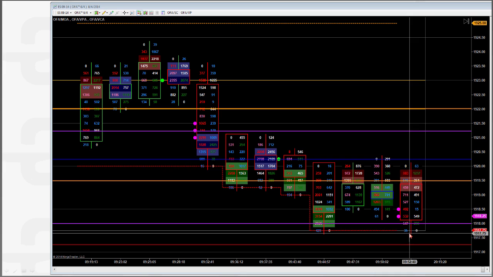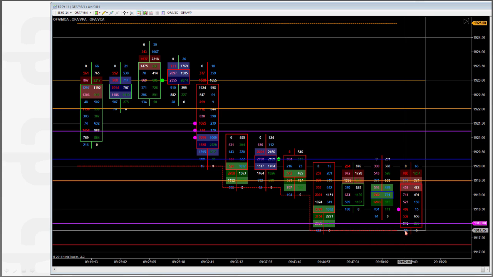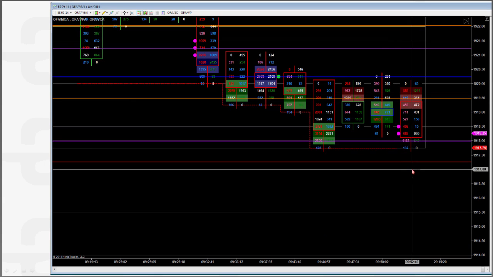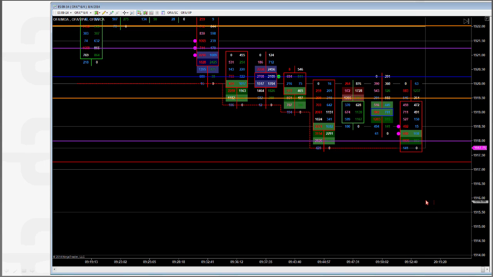17 to 17.25. So I'm looking for additional weakness to come back into the offer down here, and what I might actually experience is a stop run down through here. I don't have a short potential until or unless price moves through this 17 area with momentum and I see conviction.